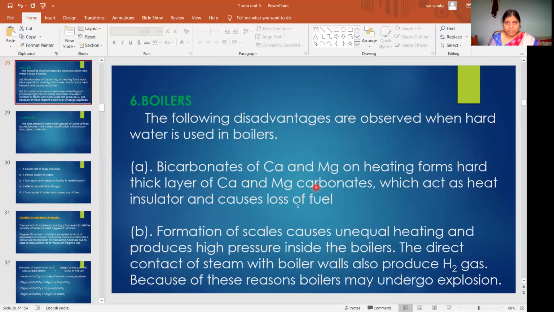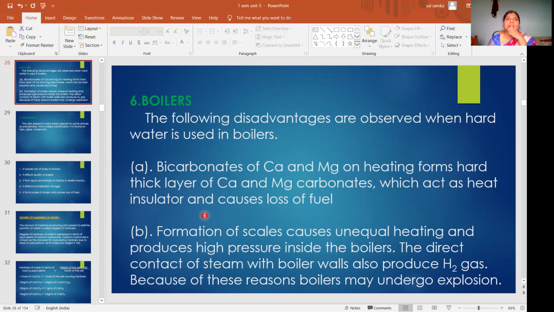At very high temperatures, the chlorides hydrolyze and form HCl. That means if magnesium chloride or calcium chloride is present, they react with water, and hydroxides and HCl will be formed. Due to the formation of HCl, corrosion of boilers will take place.